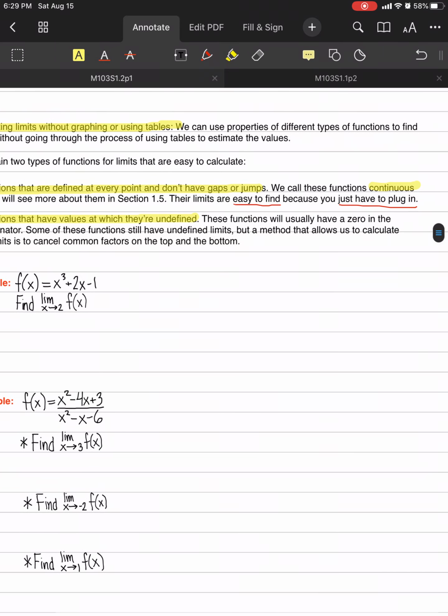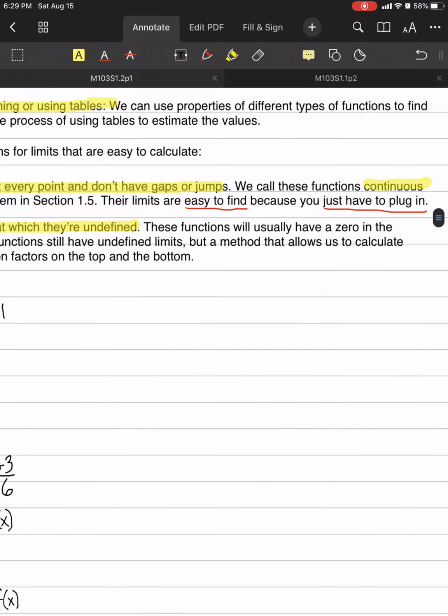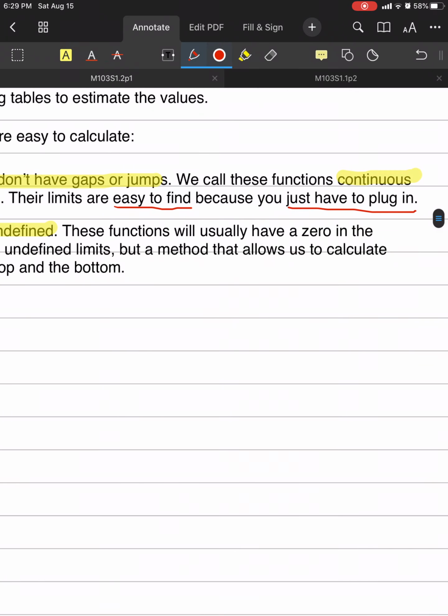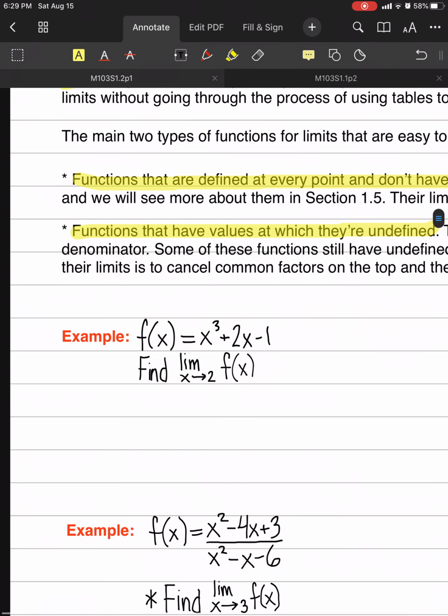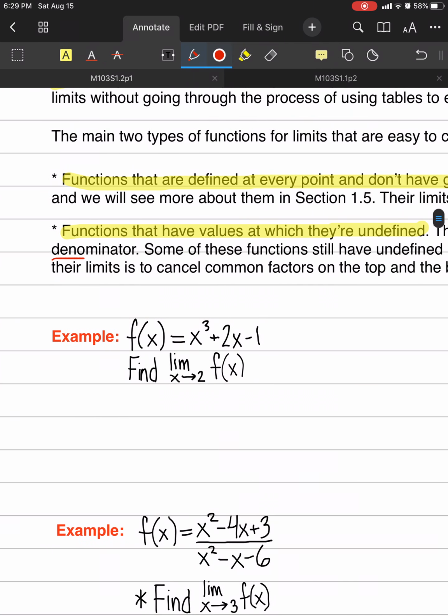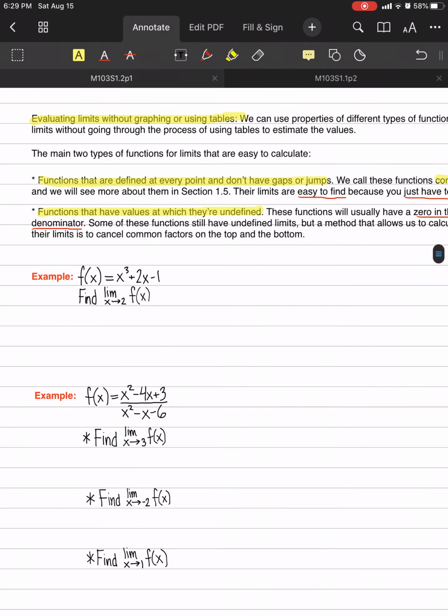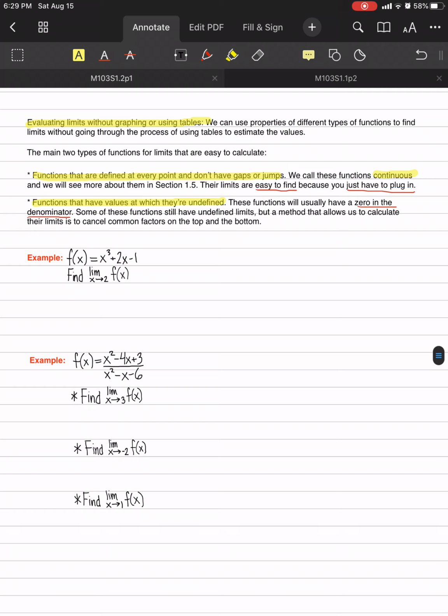Almost always you're going to have a 0 in the denominator. These are functions that are going to be undefined at a certain point. But if you have a 0 in the denominator, you're still going to be able to find the limit of the function. And that's what we're going to look at today.